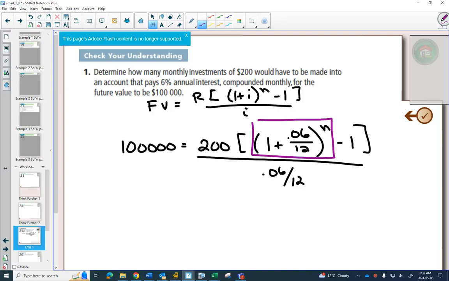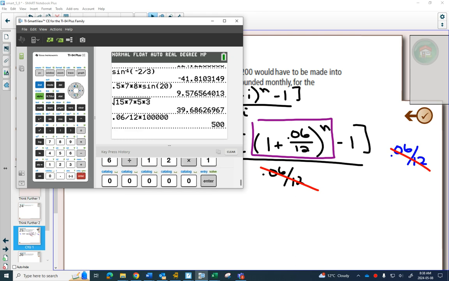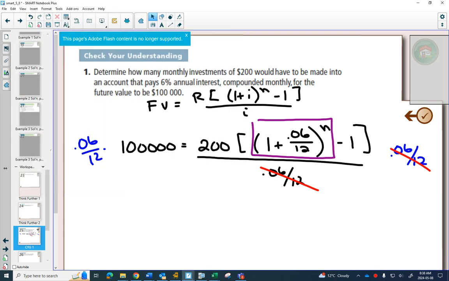First thing I would look at is, oh, I'm dividing by something. What's the opposite of dividing? I would multiply both sides by 0.06 over 12. That would simplify this. And these are, of course, calculator questions. So if I take 0.06 divided by 12 and multiply it by 100,000, I get 500.